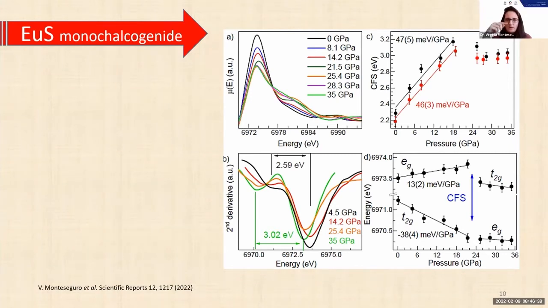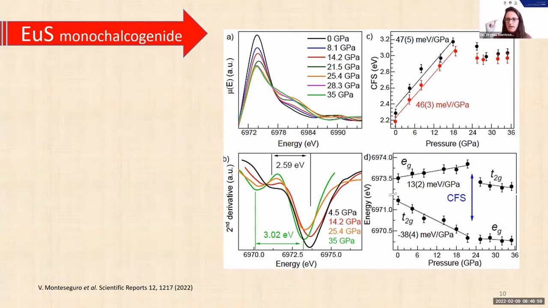Okay. So the white line we are measuring is europium L3 edge. L3 edge is the transition from 2p to 5d orbital. So in the white line we are seeing the empty 5d valence levels.